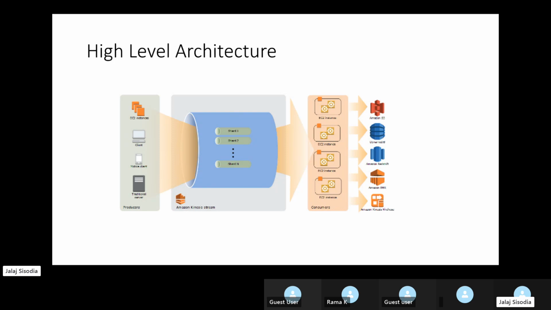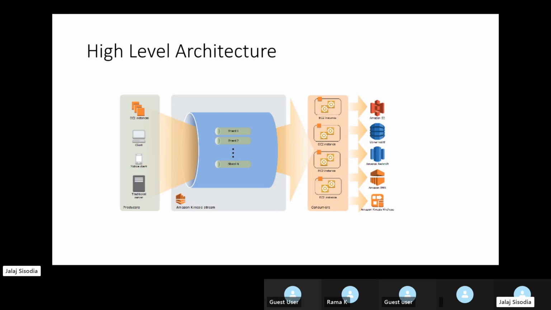That program sends its output to my Kinesis streams, and that output becomes input to my Kinesis streams. So as you can see, my data is flowing into my Kinesis stream, and then it is going outside of my Kinesis streams.